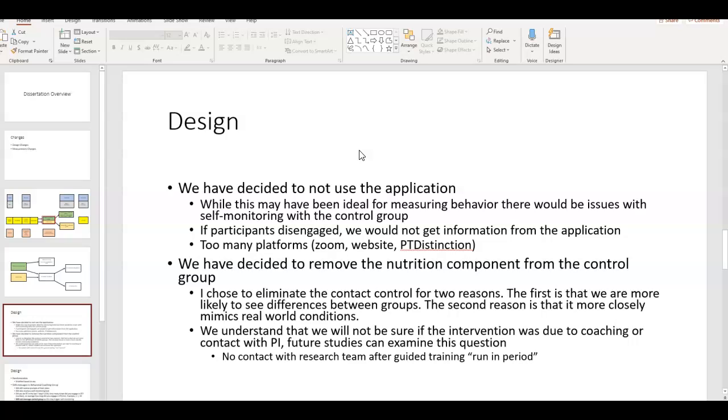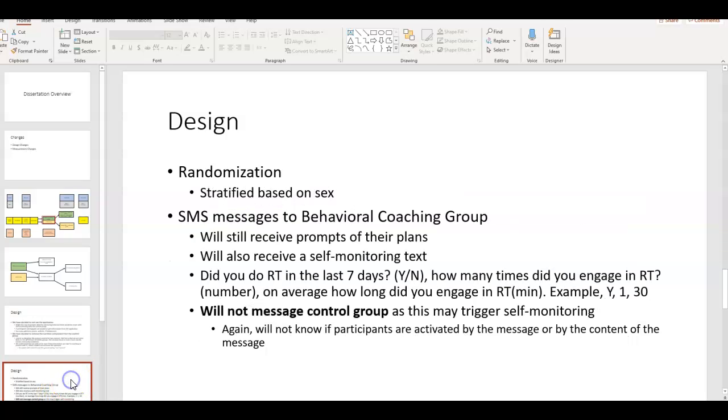We understand that we won't be sure if the intervention effect was due to coaching or contact with the PI, but this is a question that future studies can examine. Again, there'll be no contact with the research team after the guided training for the control group. And that guided training is the run-in period where they'll only be randomized if they've done those 2 sessions.